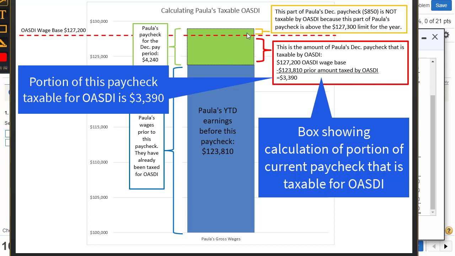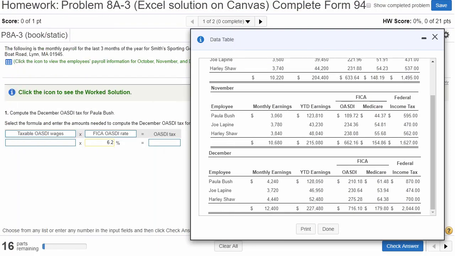The amount above we don't care about because that's not taxable for OASDI. So the number we need is 3,390. Not the full 4,240 is taxable. It's the 3,390 that's taxable.